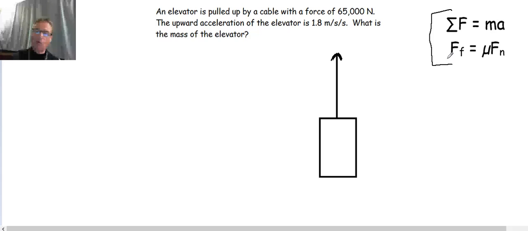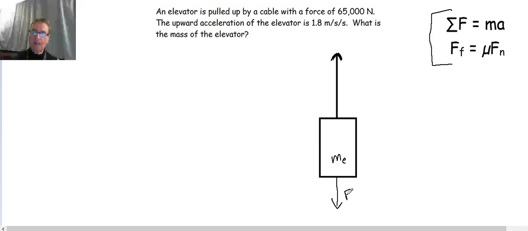Okay, so first of all, we have the mass of an elevator right here, and we want to figure out what that mass is. So we're going to draw all the forces that have to do with the elevator. What's one of the first forces? Well, because our elevator has mass, it also has gravity.